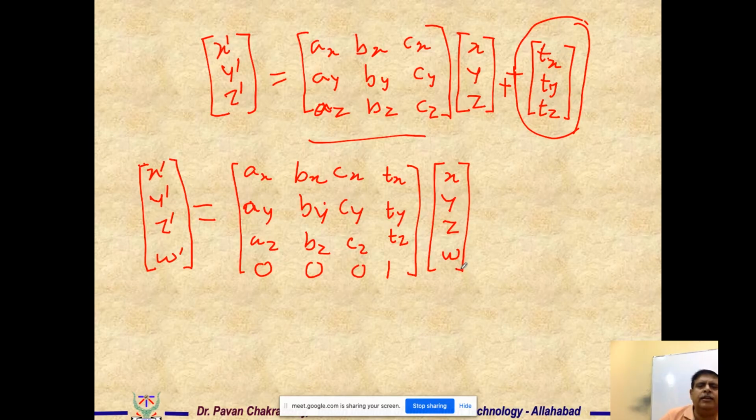So this is my new transformation. Now I'll have to show that this would be equal to this. This transformation doesn't have a vector which is being added to it. So this is a linear function.